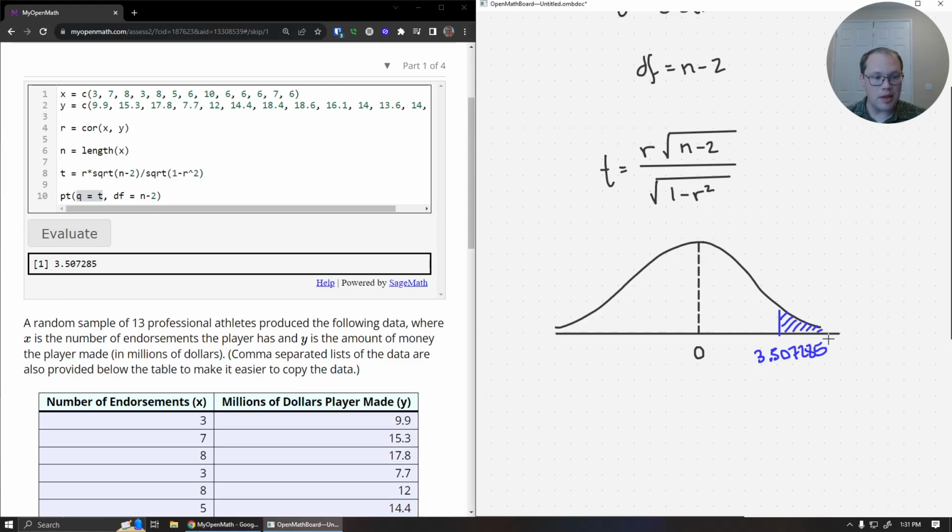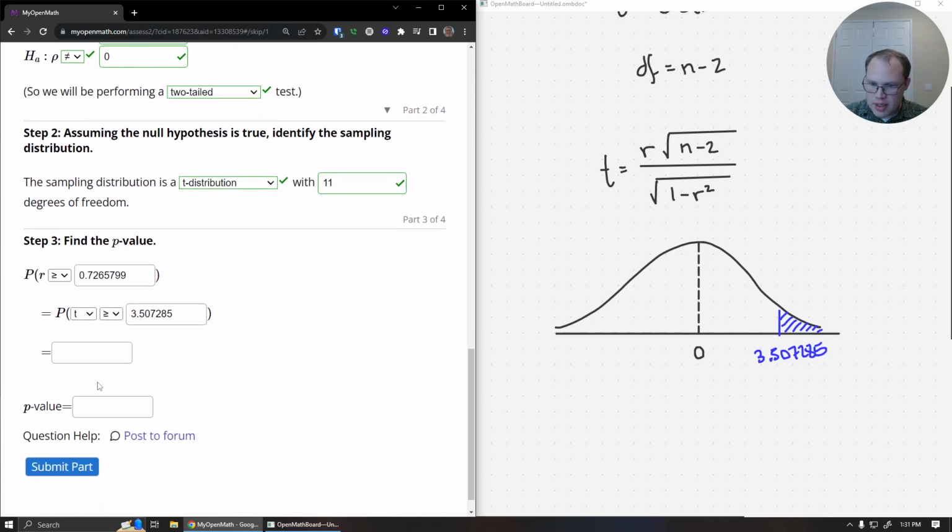I want the probability in the right tail, to the right of 3.507285. To calculate probability to the right, I do 1 minus the probability to the left. And the probability I get is 0.0024534888.